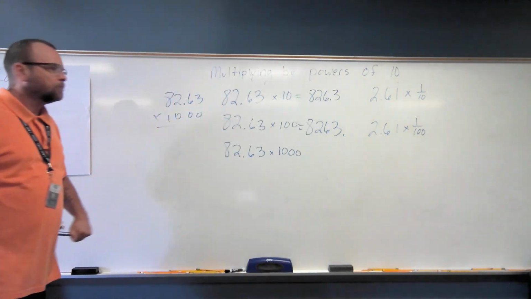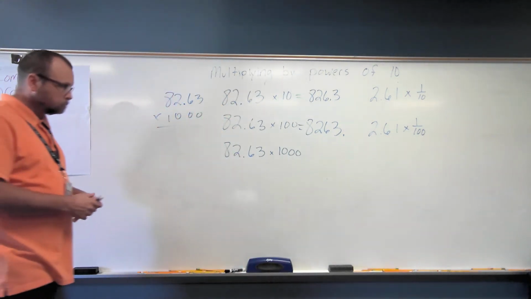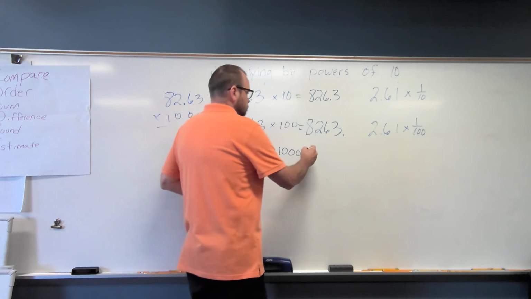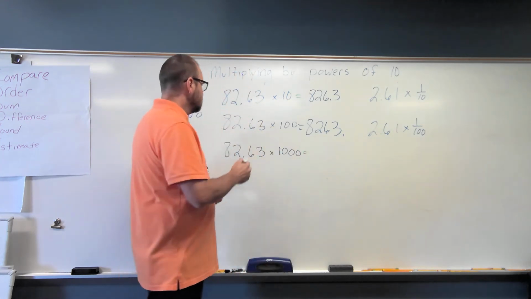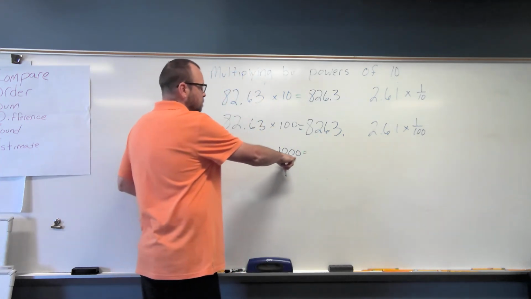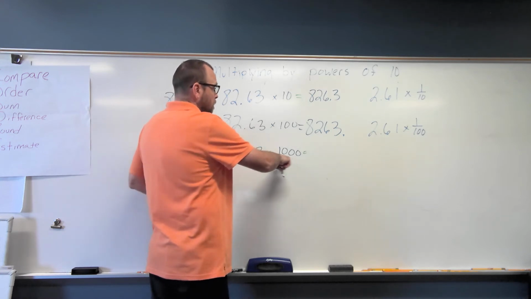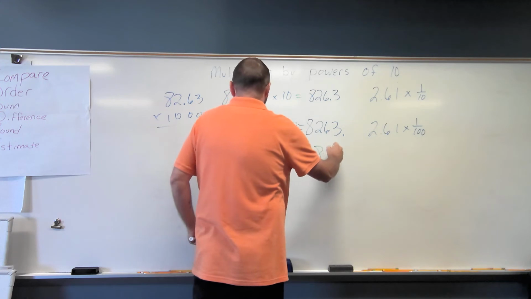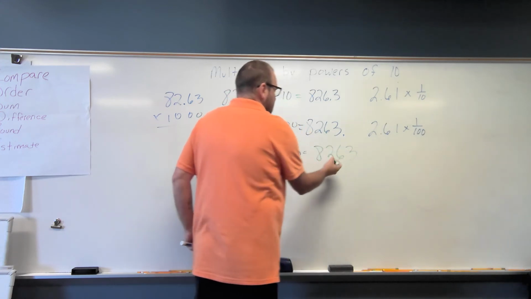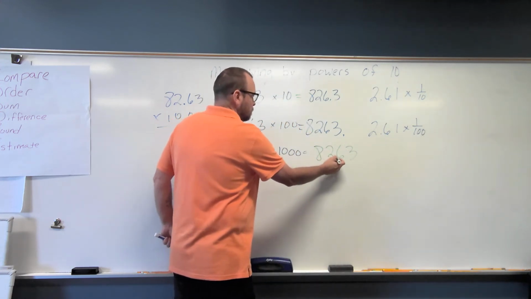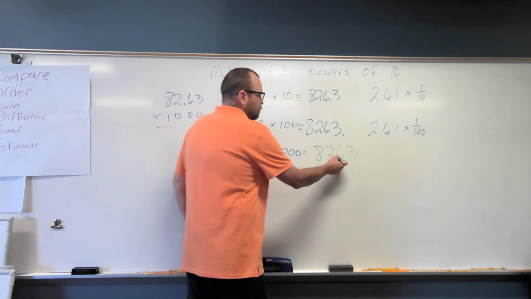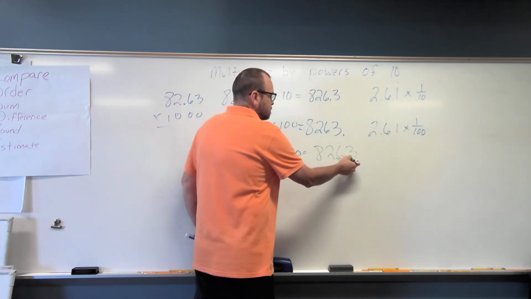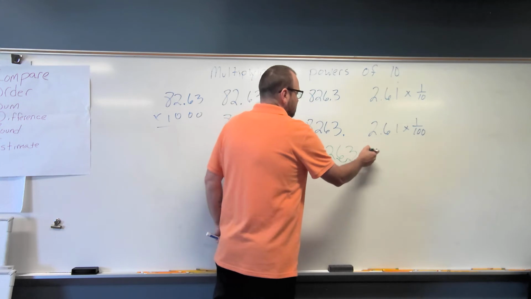Alana. This time I'm moving it. How many times am I going to move it? Okay, I'm going to move it 3 times to the right. So if I have 8, 2, 6, 3, my decimal point starts here, right? I move it once, twice, 3 times.